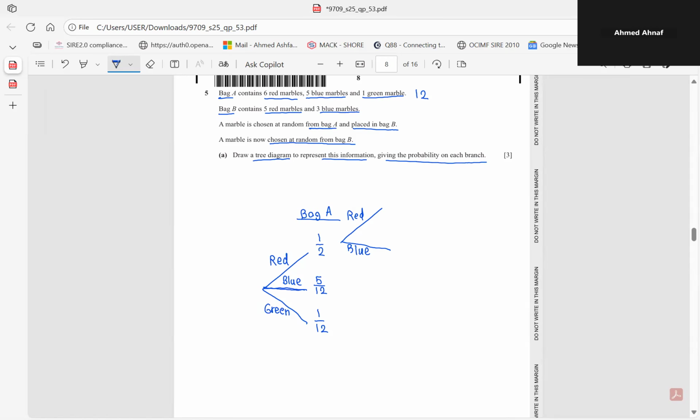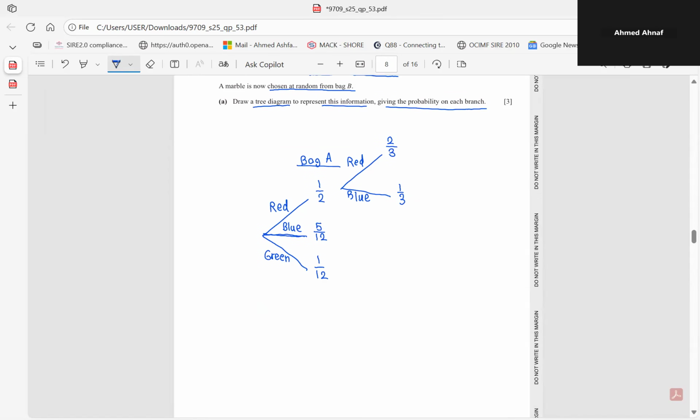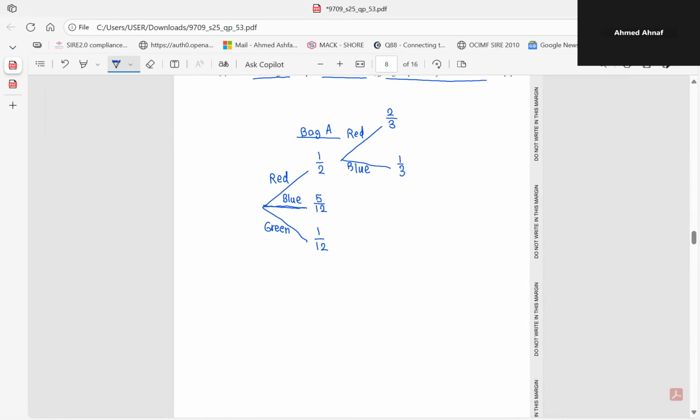And your total number would increase from 5 plus 3, which is 8, to 9. So red would be 6 over 9, which is the same as 2/3. And then blue would just be 3 over 9, which is 1/3. And then if you chose blue, you still have only 2 options, red and blue.